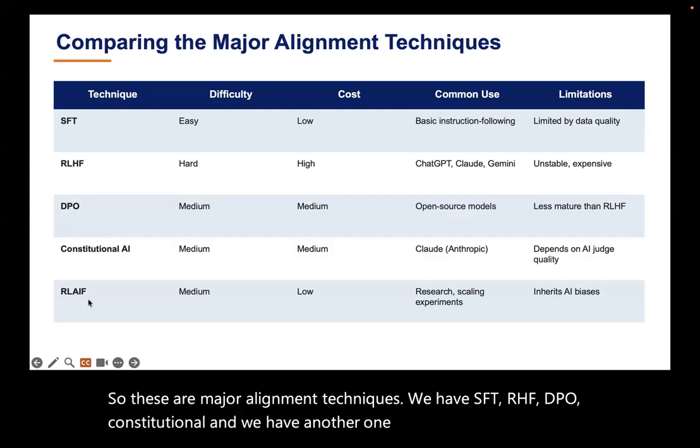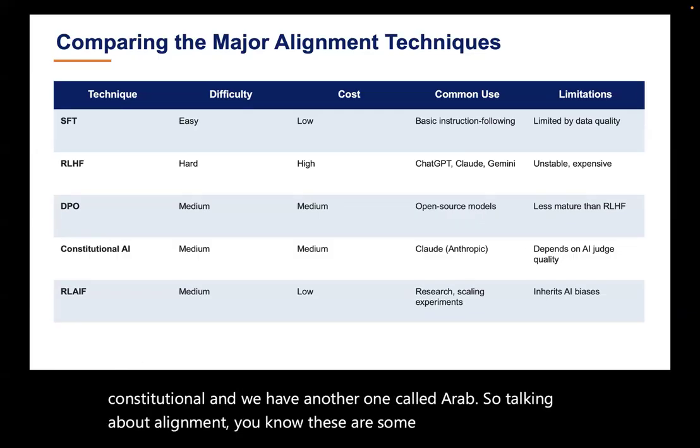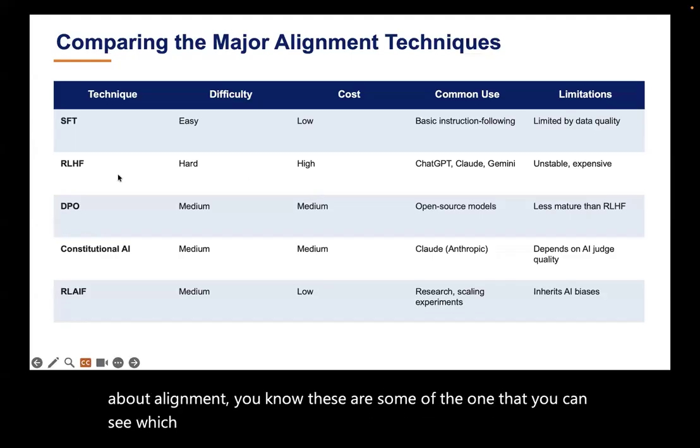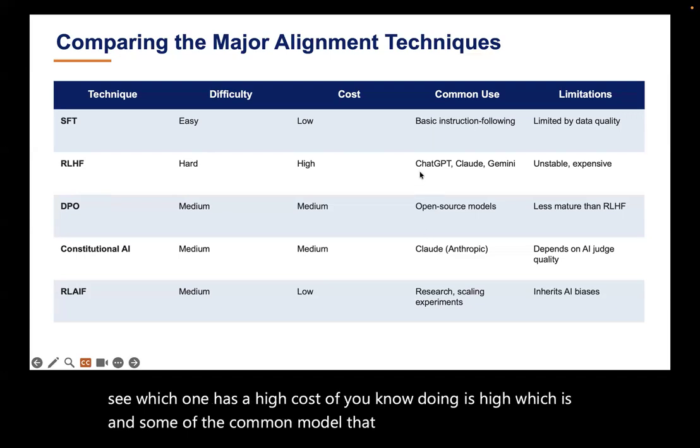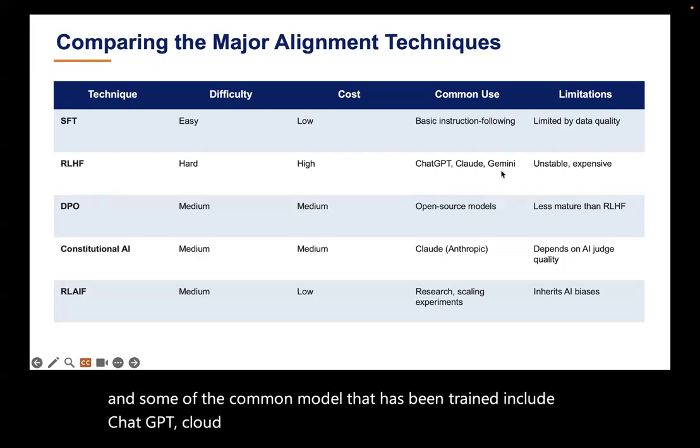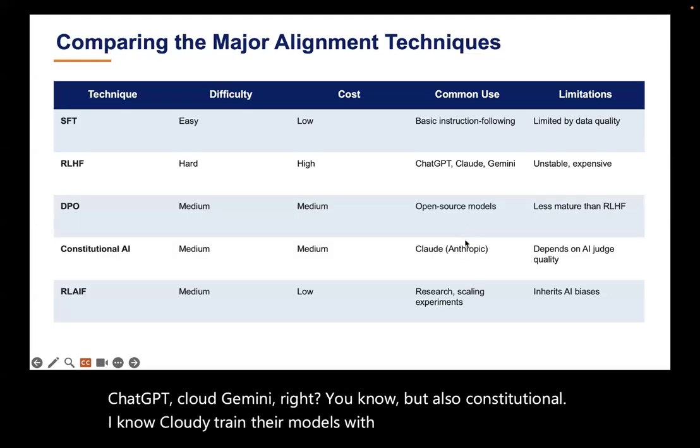So talking about alignment, these are some of the ones where you can see which one has a high cost, which is RLHF, and some of the common models that have been trained include ChatGPT, Claude, Gemini, right? But also constitutional AI, now Claude, they train their models with these.